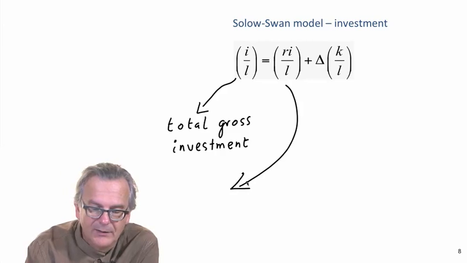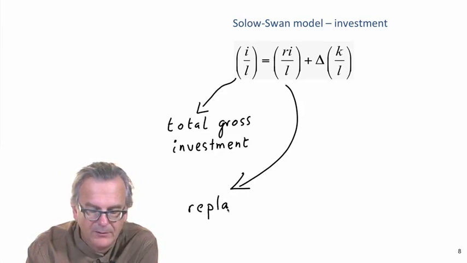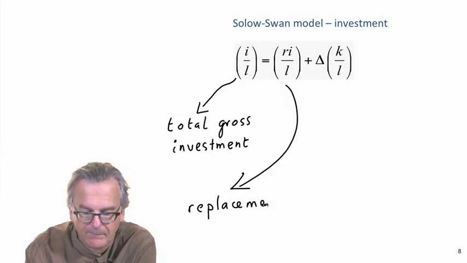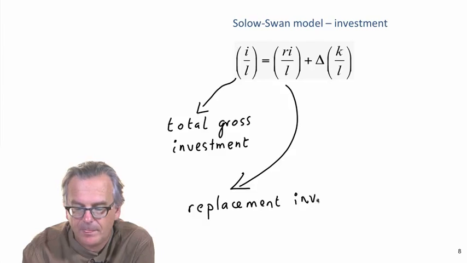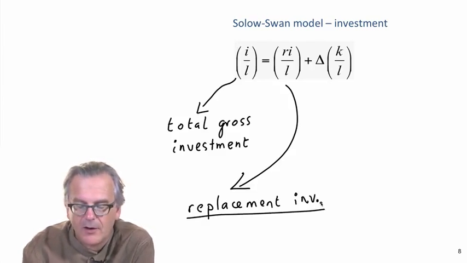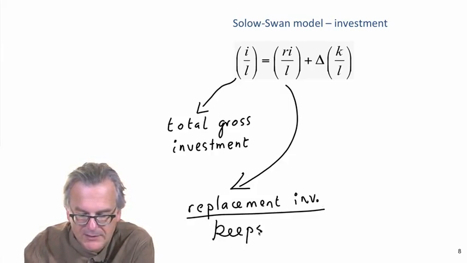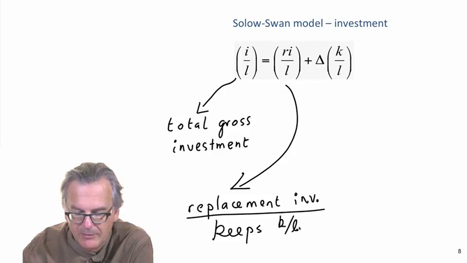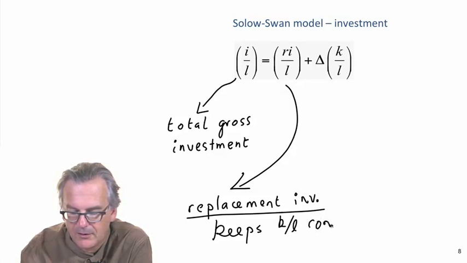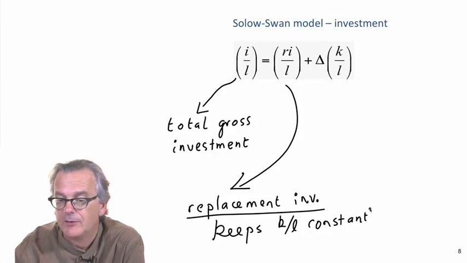On the right-hand side of the equal sign, we have our replacement investment. I'll just write INV for investment. Remember, the crucial thing about replacement investment is that it's designed to keep the ratio of capital to labour constant. It's offsetting population growth and depreciation.